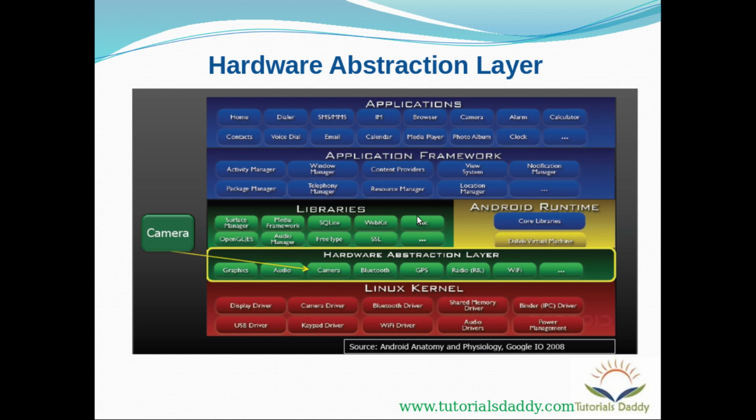WhatsApp can run on different devices. Your phone can be based on Apple hardware, or Samsung might be using some Qualcomm hardware, and even Qualcomm is coming up with different chipsets. But your WhatsApp application can run on all of these hardwares.